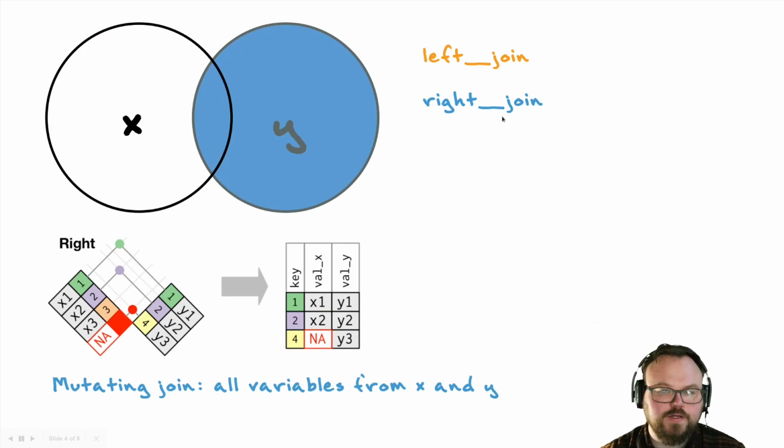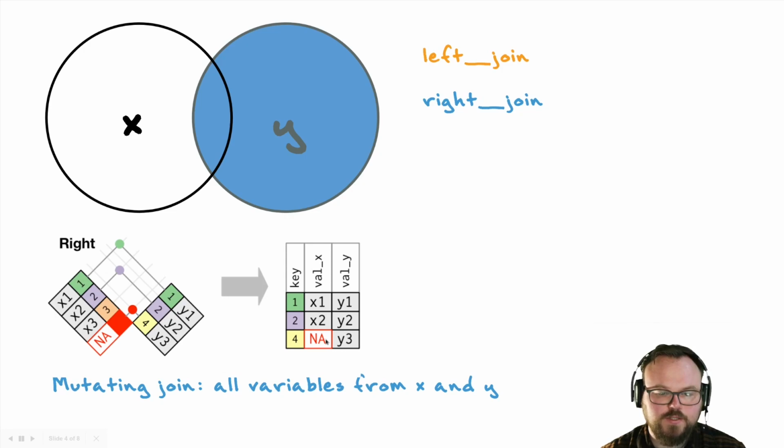Next up, we have the right join. This is very similar to the left join, but in this case we disregard cases which are not present in X. So if you look again at the diagram down here, you can see that the fourth value is NA, since in the Y data frame there is a key with the number 4, but this is not present in the X data frame.